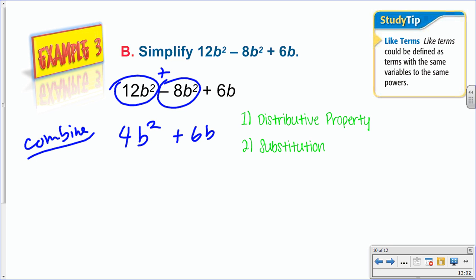Can I go any further? No. Only if I knew what B was, or if I had an equal sign. Good. You guys are on the ball, on top of it. Anybody need more time with this slide?